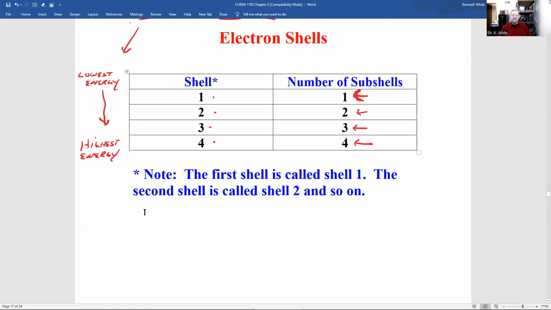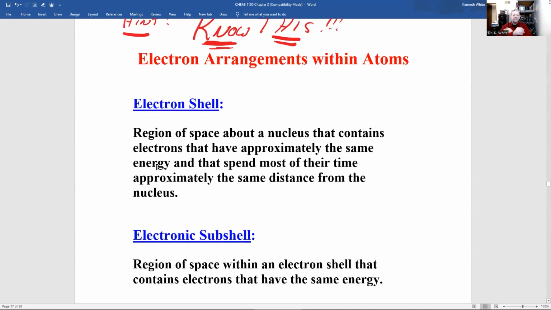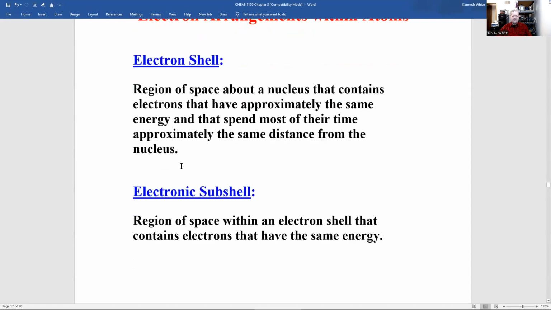Now, let's talk about the subshells. Remember, the shells are the region in space about a nucleus, center of an atom, that contain electrons of approximately the same energy and spend most of their time approximately the same distance from the nucleus. Now, electron shells have electron subshells.